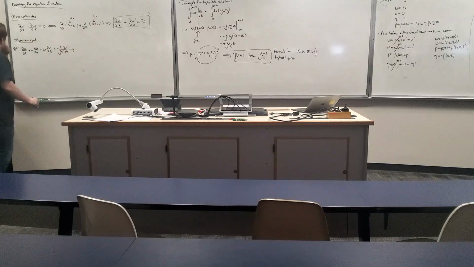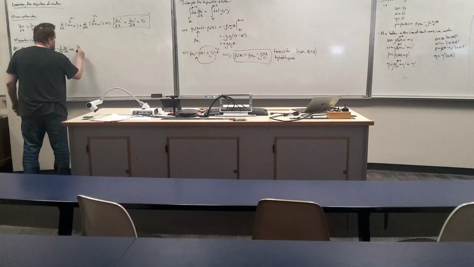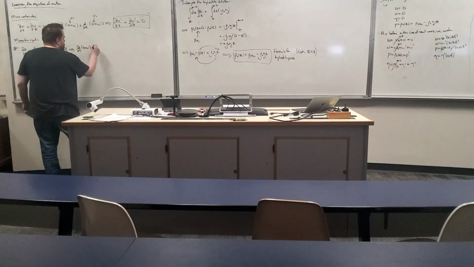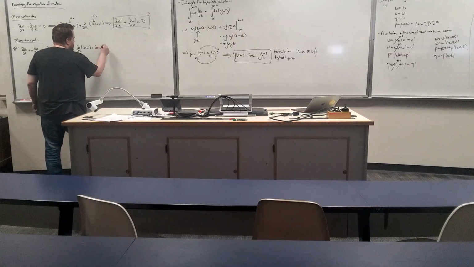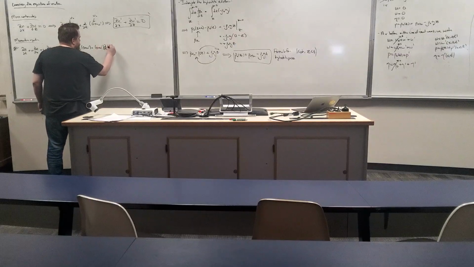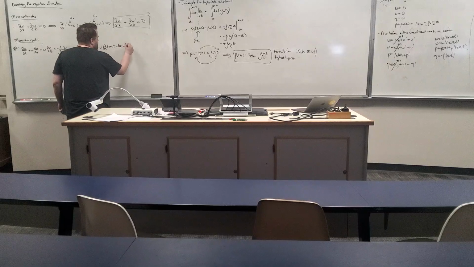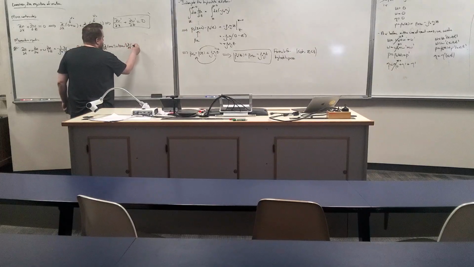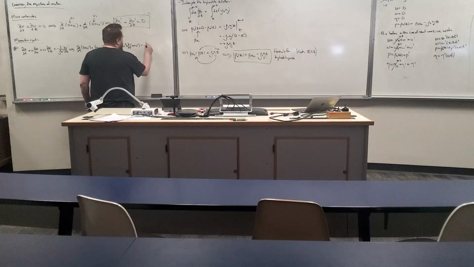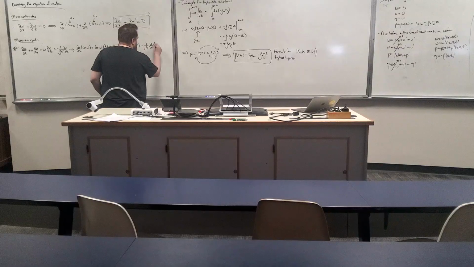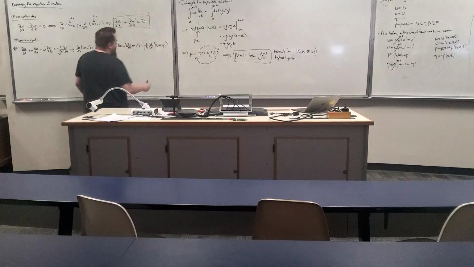And so again, we get here d by dt of 0 plus u prime, plus u prime d by dx of 0 plus u prime, plus w prime d by dz of 0 plus u prime, equals minus 1 over rho naught d by dx of p naught of z plus p prime.